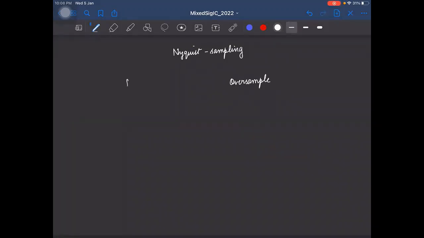And on the other end, we also saw we can do subsampling. And this can be done for down converting an RF signal from a carrier frequency FC to baseband. Okay, now that we have spent some time to study various aspects of sampling, let's spend some time to understand the inverse process, that is reconstruction.